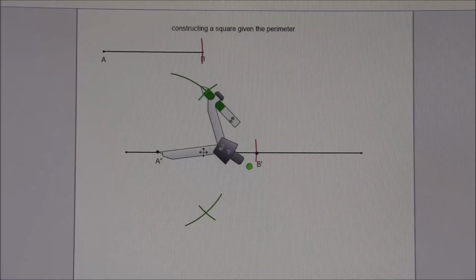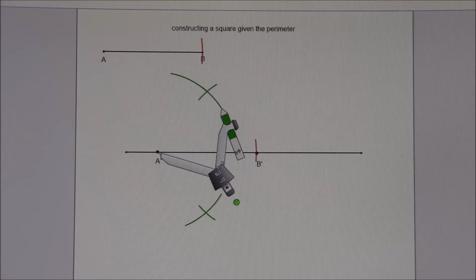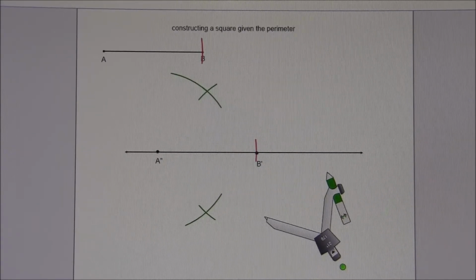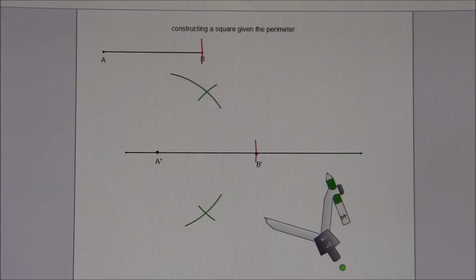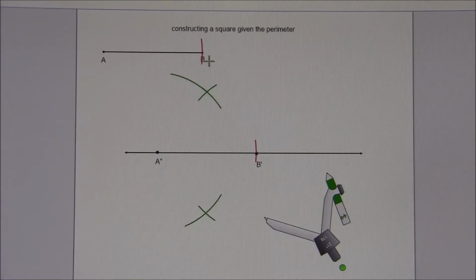Or you've got to go back and fix this one. Okay. And now let's draw a line segment or a line. It wouldn't really matter. That goes through that.